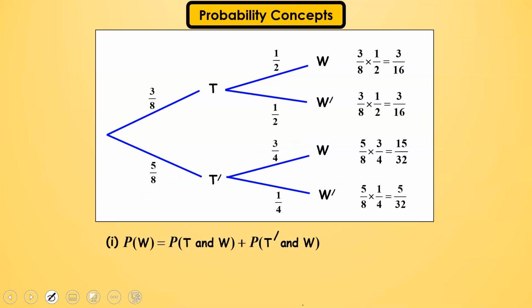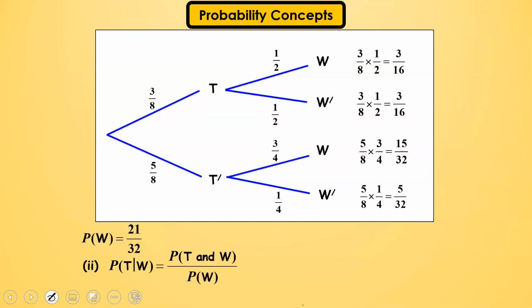So now that we've got that, we can work out the probability of the player winning: those two branches together give us 21 over 32. Second part of the question is looking at the probability of the temperature being over 28 given that the player won.